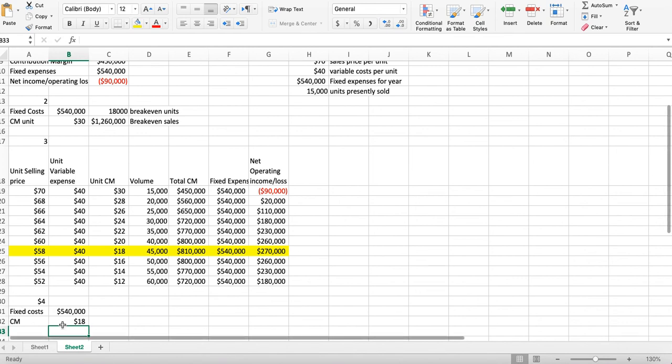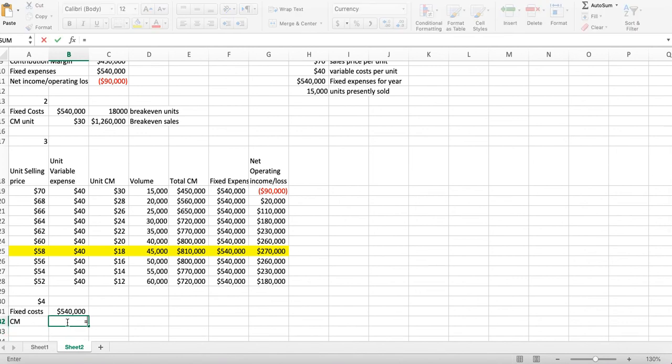Our contribution margin, and I'll work that out for you, would be our sales price of $58 minus our variable cost, so $18. And so our break even at that point is our fixed cost divided by our contribution margin per unit, or 30,000 units to break even.